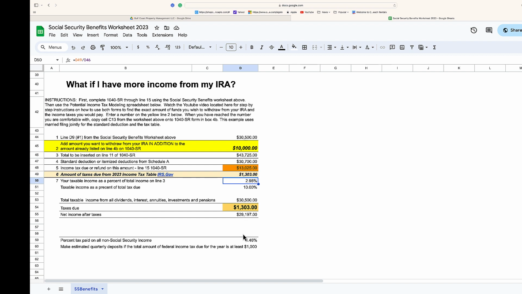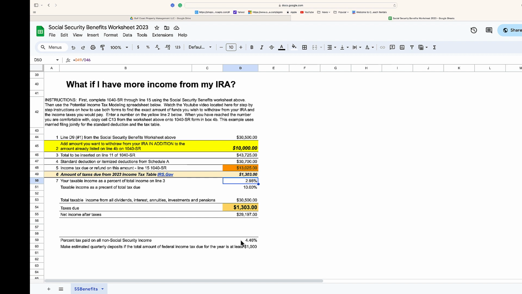Now, just for curiosity, you are paying taxes on your non-Social Security income at a rate of 4.46%.